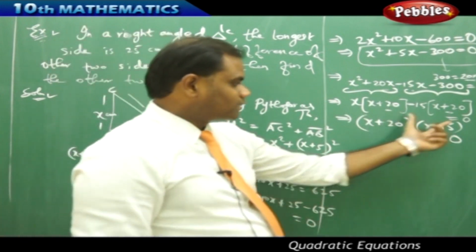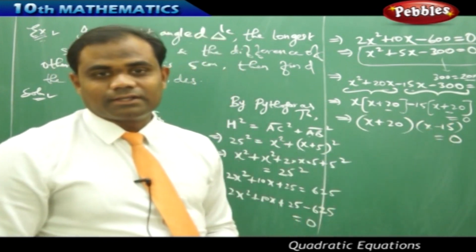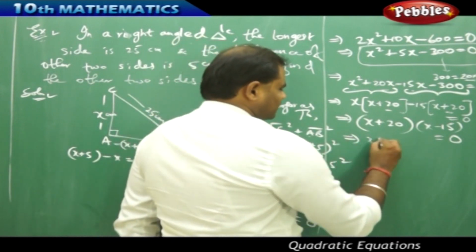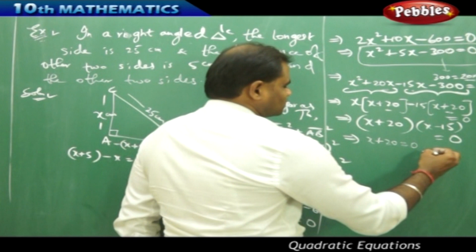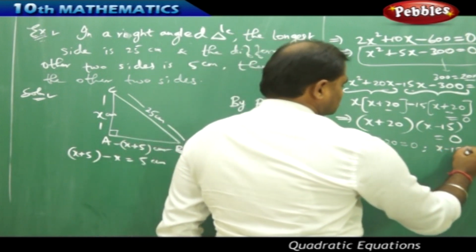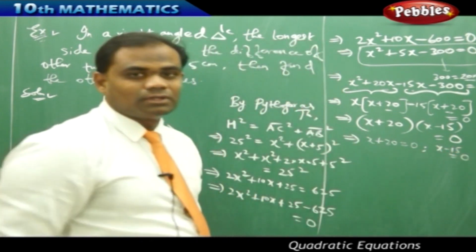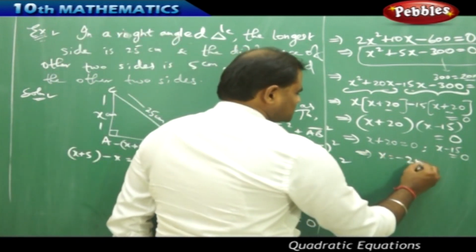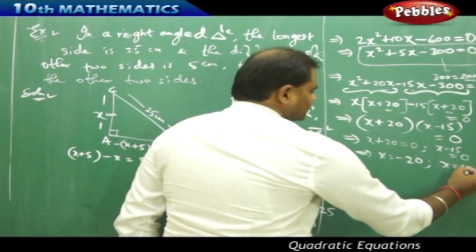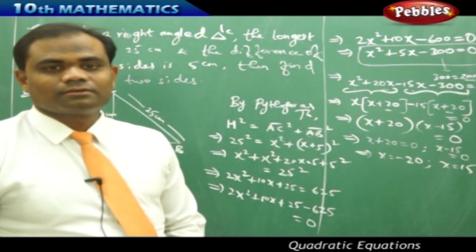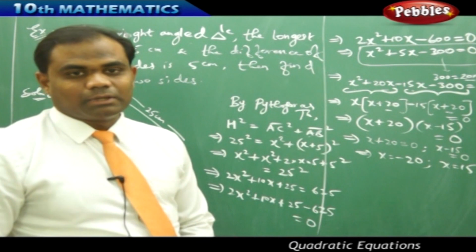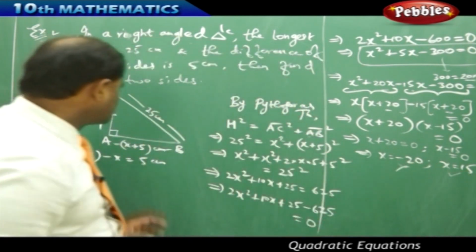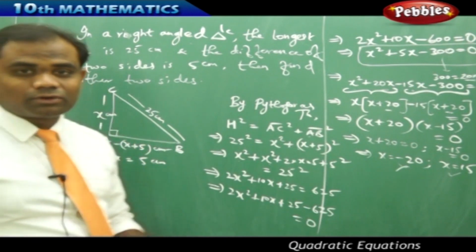When the product of two factors is 0, each of the factors is assumed to be 0, which implies factor 1 equal to 0 and factor 2 equal to 0. This gives me x equals negative 20 and x equals 15. But I don't include this solution, I include this one, because x is the length of the side, which cannot be negative.